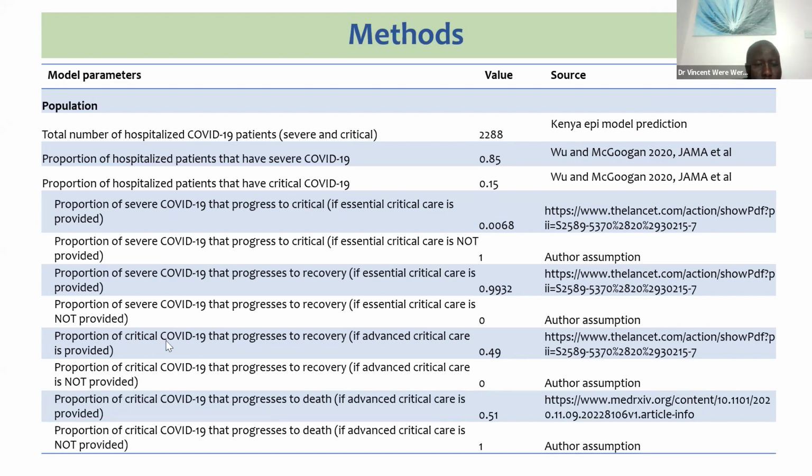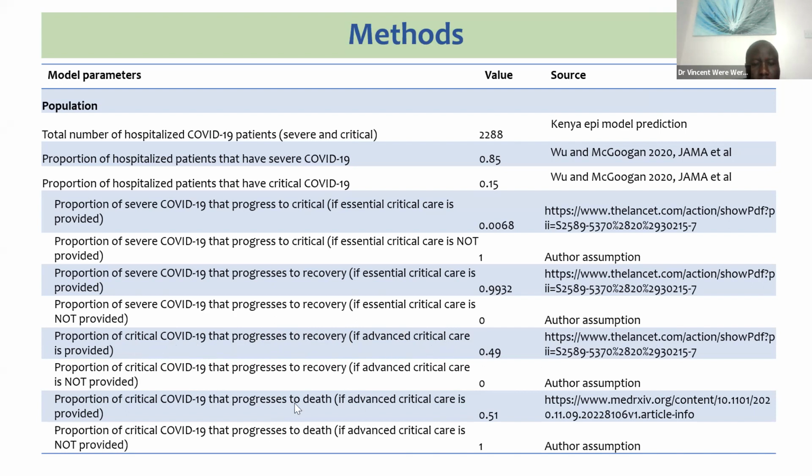And then we used 49% as the proportion of critical patients that progress to recovery if care is provided. We made the assumption that 49% of patients will recover if you provide them with advanced care.